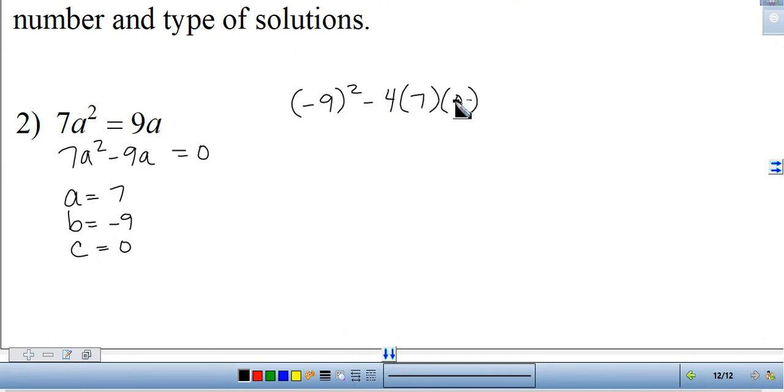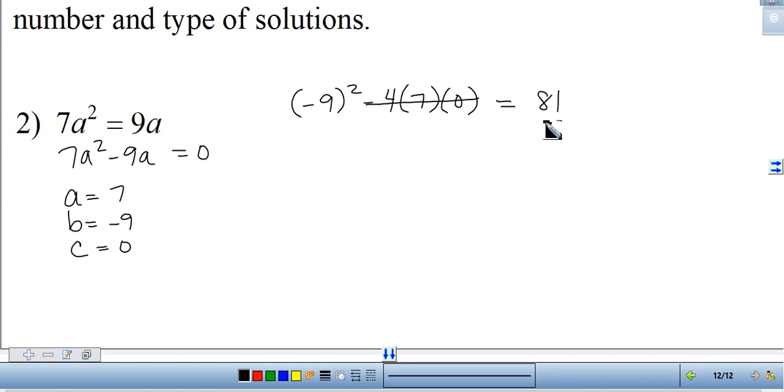Well, anytime 0 shows up, it usually makes your problem a little bit easier. 0 times 7 times negative 4 is just 0. So that part of my problem goes away. Negative 9 squared gives me an 81. Now again, think about this. This is the number underneath your square root. This time, it's a perfect square.